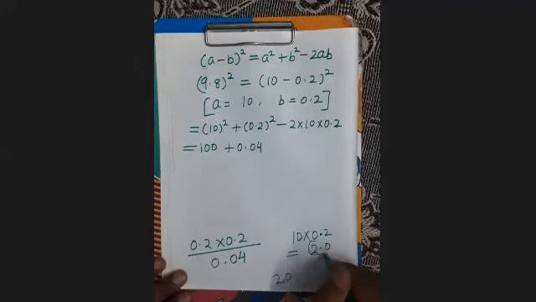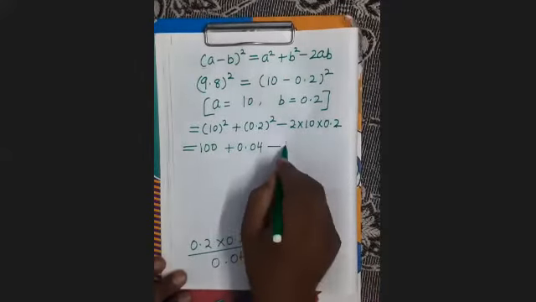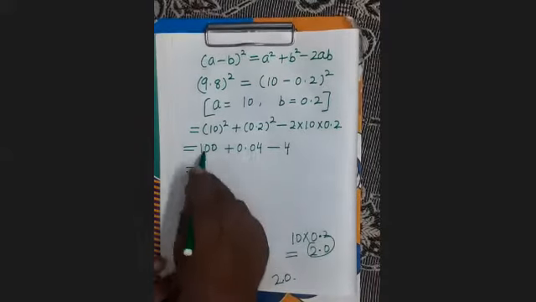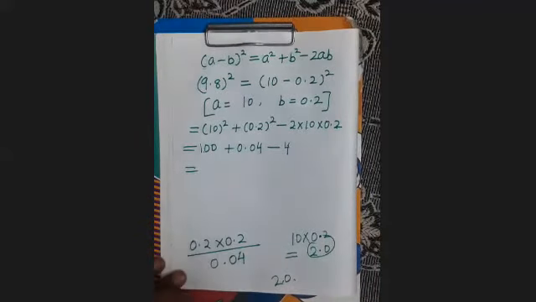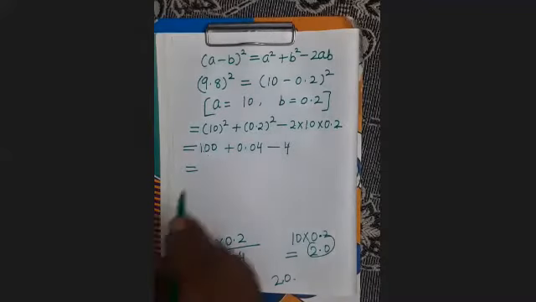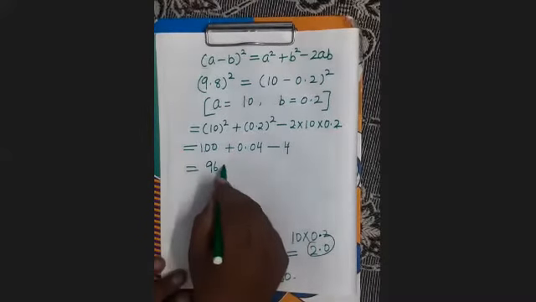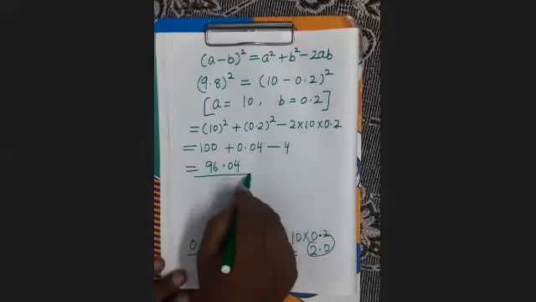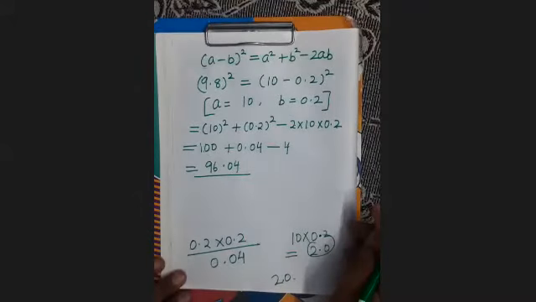So it is 2, and 2 into 2 is 4. So 100 minus 4 equals how much? 96. And 0.04. So 96.04.